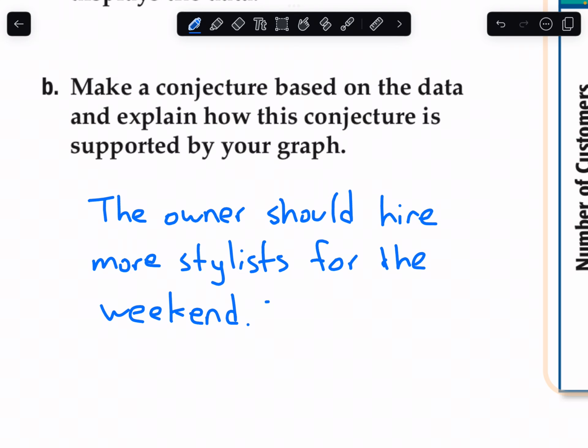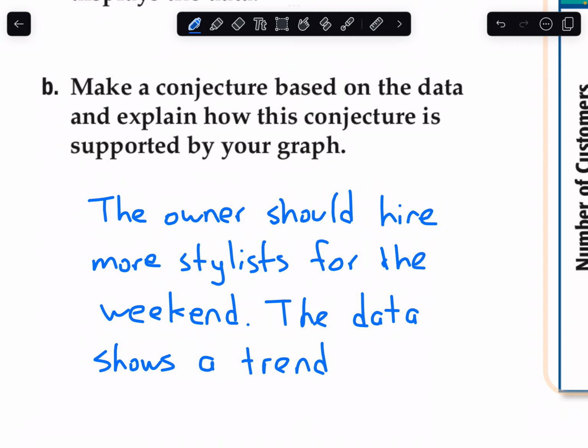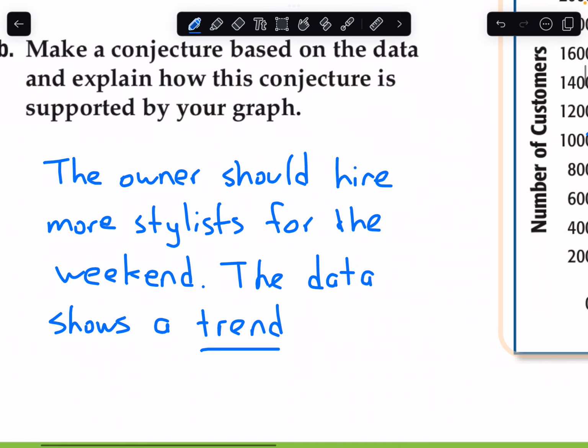Why? The data shows a trend. My conjecture, right? It might not continue this, but it shows a trend.